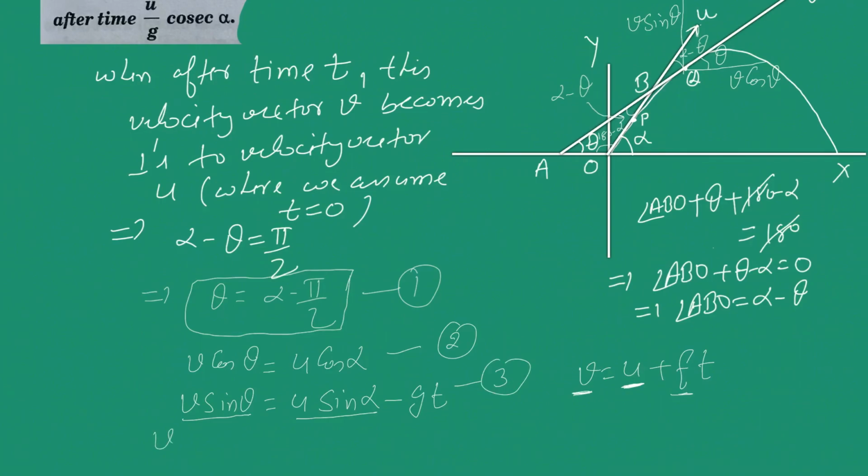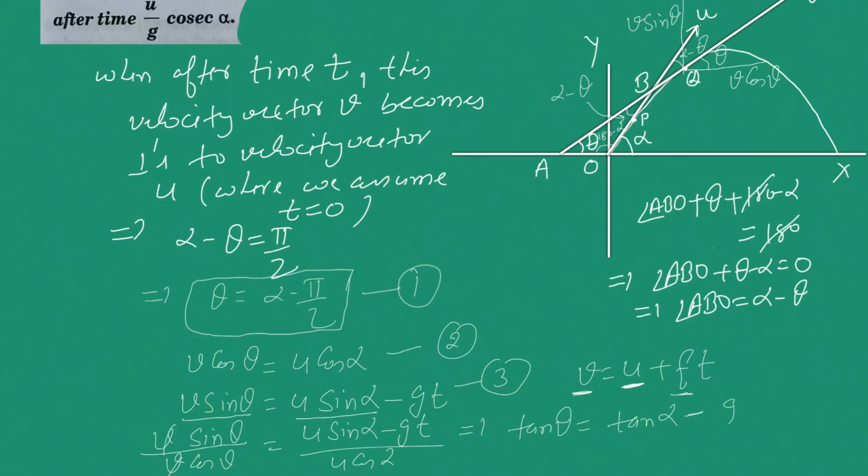So now dividing 3 by 2, we get, this will cancel out. This implies that tan theta is equal to tan alpha minus gt by u cos alpha.